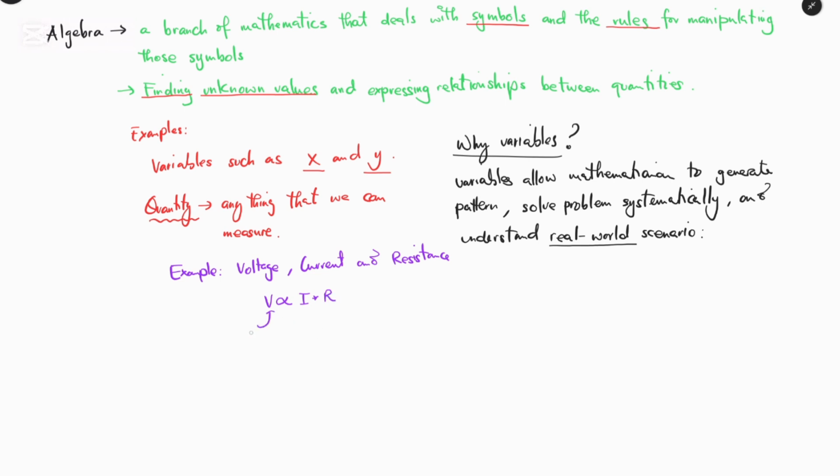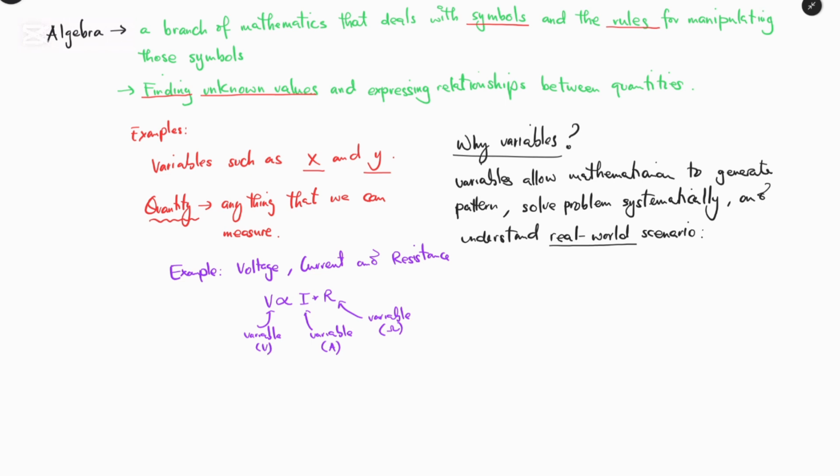Now this V represents a variable, and I also represents a variable, and R also represents a variable. And this variable R holds the magnitude of the resistance, and the unit is in terms of the ohms. Similarly, the variable I represents the quantity which is the current, and we can measure the current, and the symbol is given as the amps.